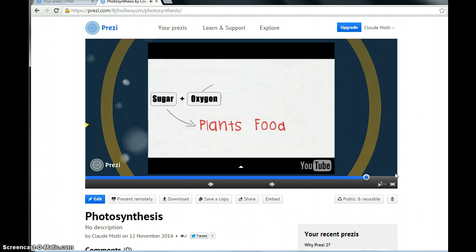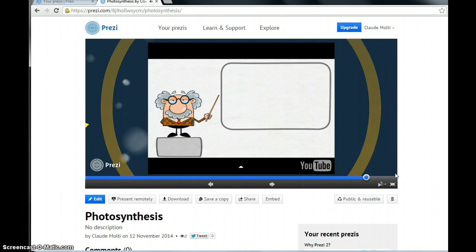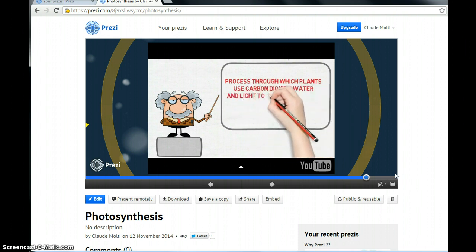The oxygen, on the other hand, is released back into the atmosphere. If you've understood things so far, then the definition of photosynthesis should be easy. Here it is. Photosynthesis is the process through which plants use water, light, and carbon dioxide to create their food and release oxygen into the air.